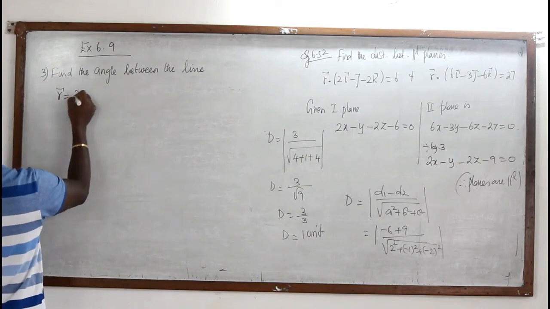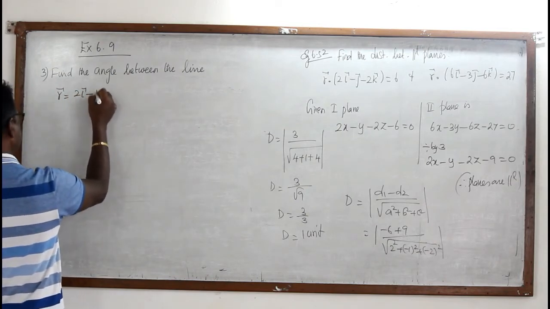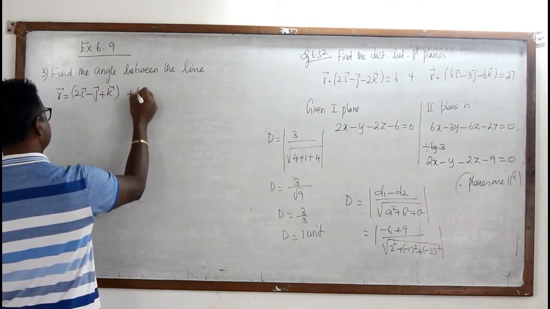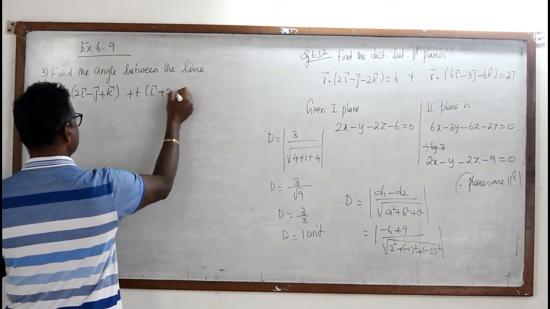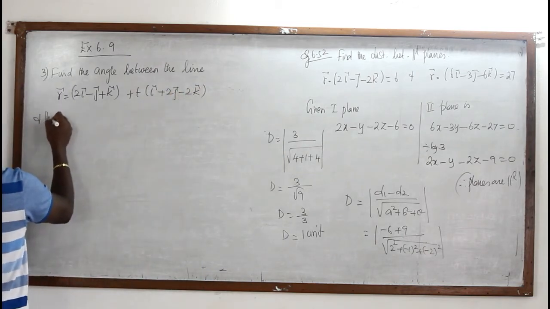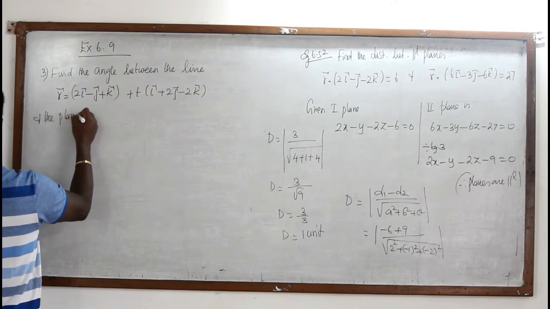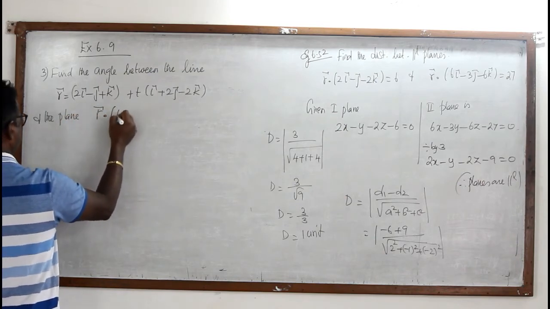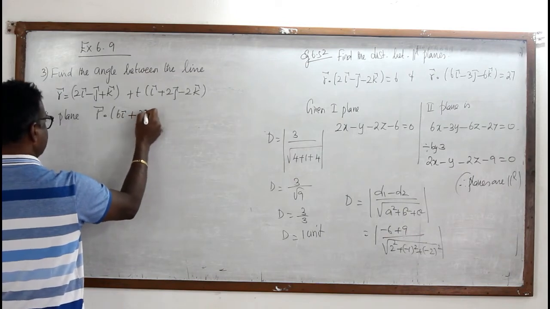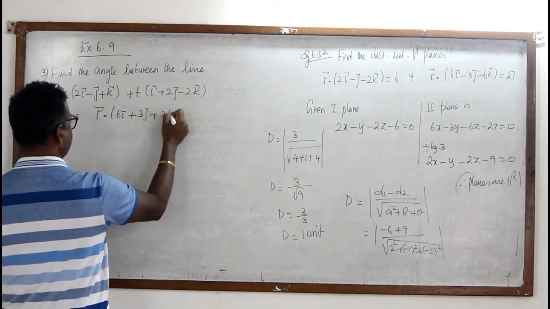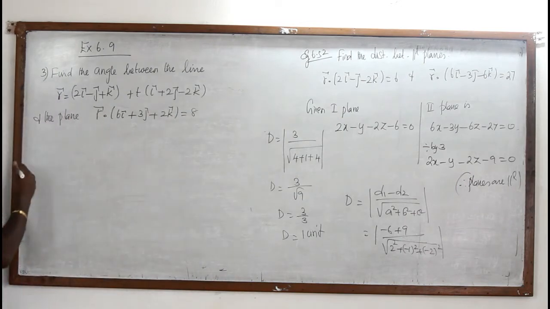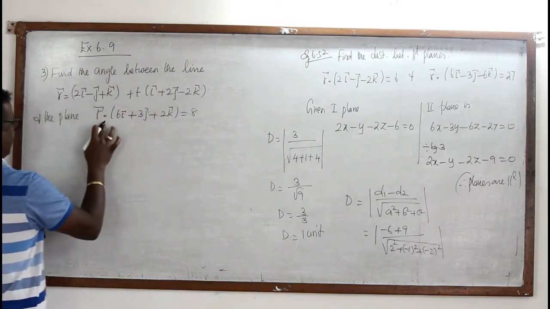r vector equal to 2i minus j plus k plus t into i plus 2j minus 2k, and the plane r dot 6i plus 3j plus 2k equal to 8. Now, a line and a plane is given.